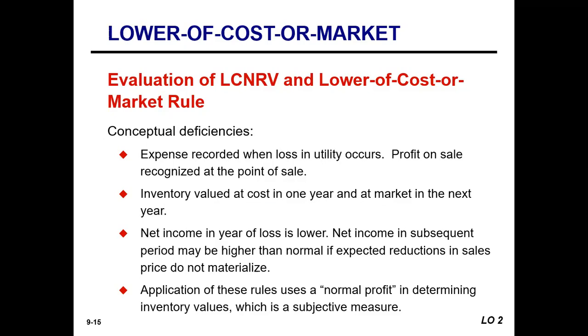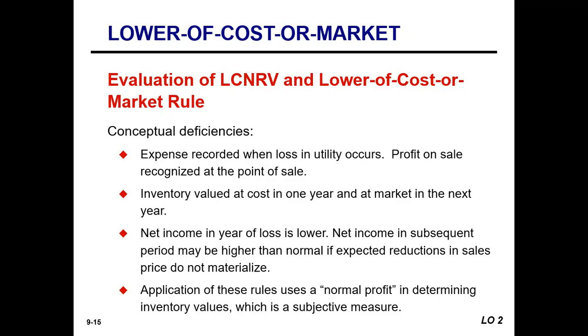The third reason it talks about is that net income in the year of loss is lower, whereas when we sell the goods, if we don't actually sell the inventory for that lower value that we thought, that could result in higher net income in subsequent periods.